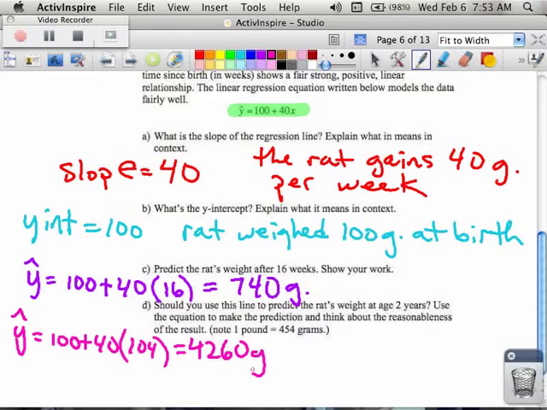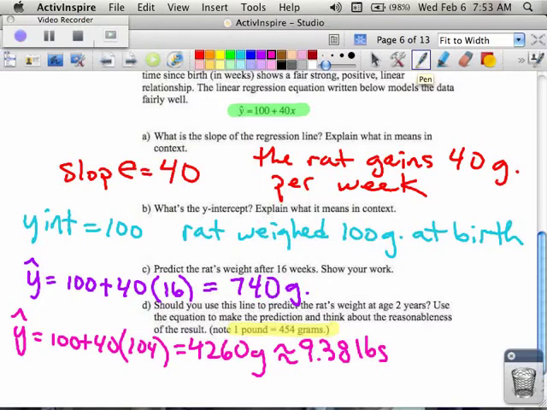Now maybe that doesn't mean so much to you, but my sources tell me that this is about 10 pounds. Close, yeah, 9.38 pounds, based on the information that they give us here about the conversion that 1 pound is 450 grams. And as you think about that, a rat weighing 9 pounds, like I have a cat at home, my cat weighs just under 10 pounds.